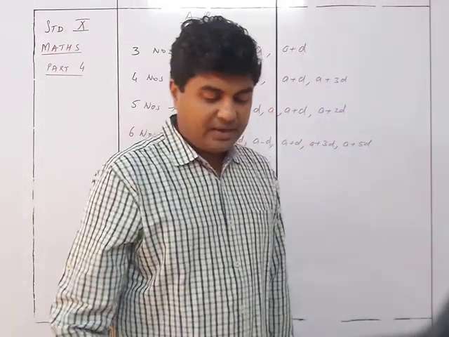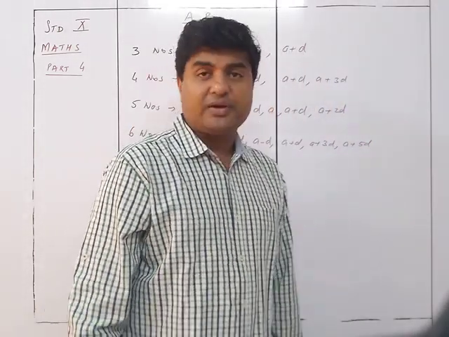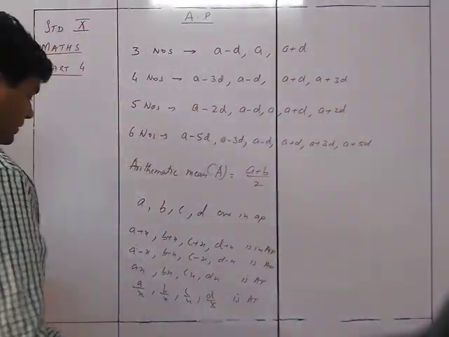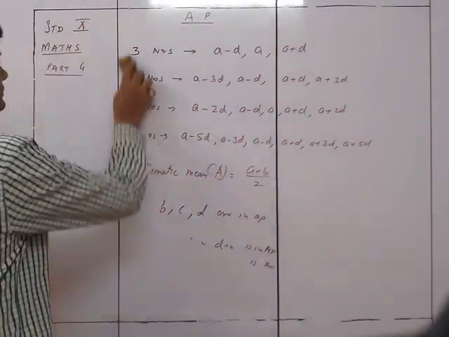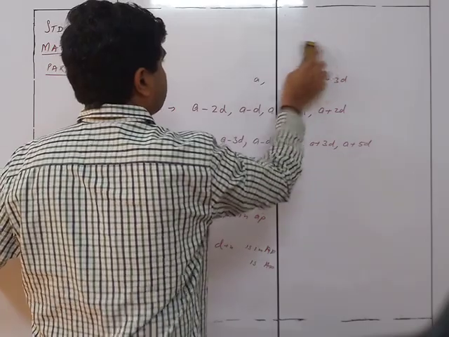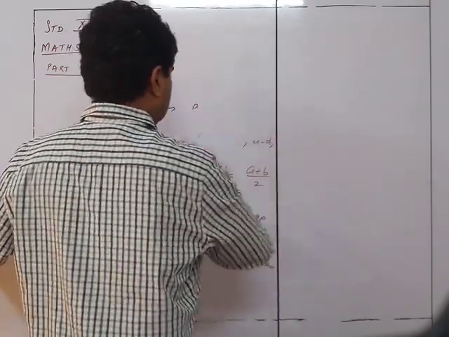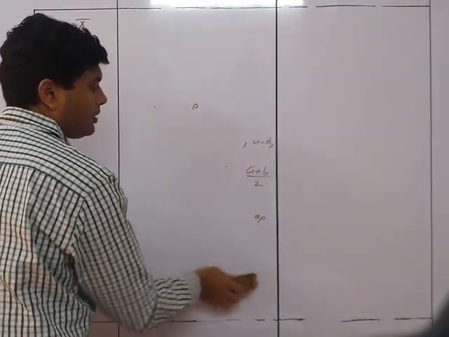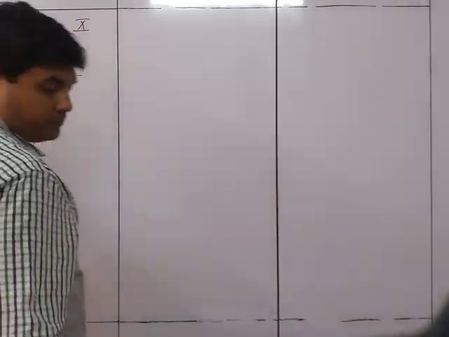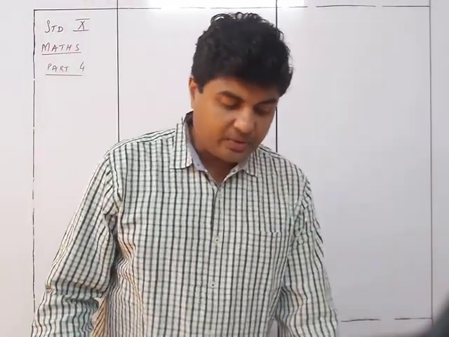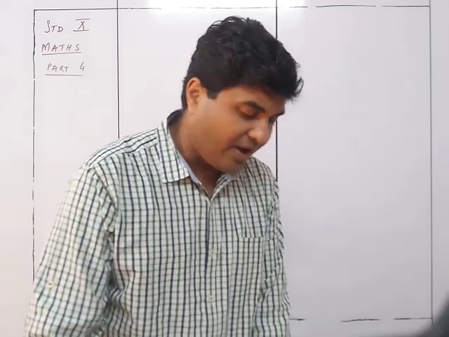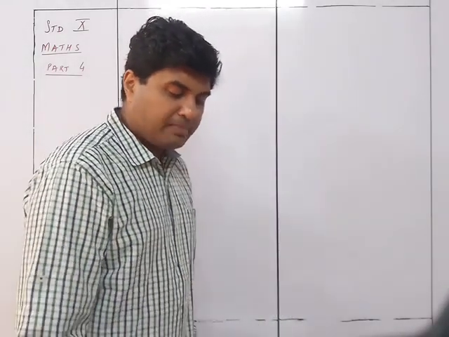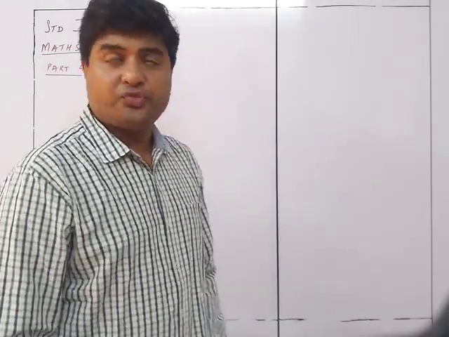Exercise 10D has 11 sums. We'll start with sum number 1. Find 3 numbers in AP whose sum is 24 and whose product is 440.